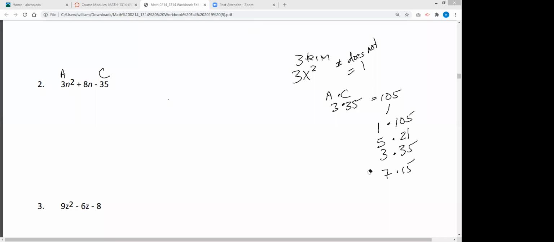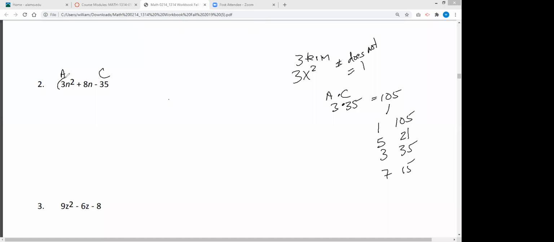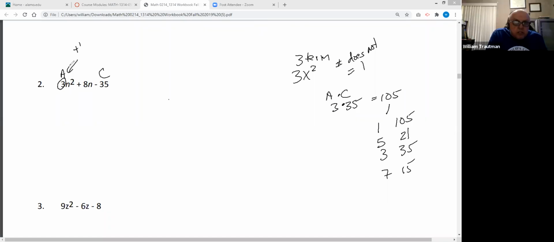Wait, I have a question before you move on. When you say the number does not equal 1, do you mean the 3n squared in front of the second term? The number in front of the x squared or the n squared. Yes. So this number does not equal 1.